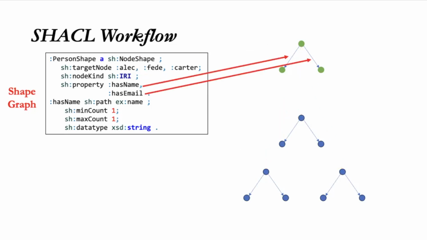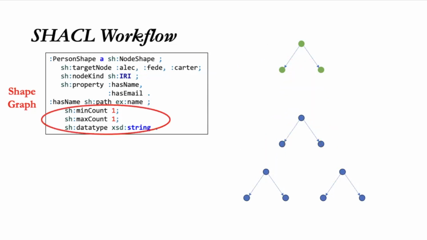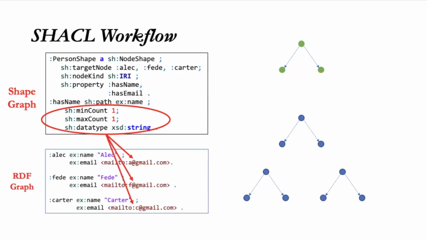You also have these properties in the shape graph that are supposed to correspond to stuff you see in the RDF graph right there. Look at that beautiful cascade of arrows. Minimum and maximum one on the has name, and they have to be strings, which is good. That's exactly what you see here in the RDF.